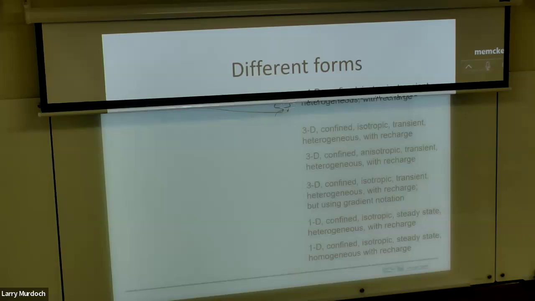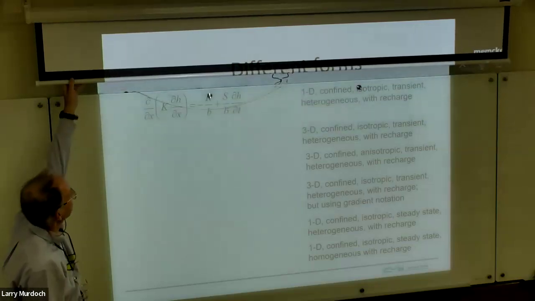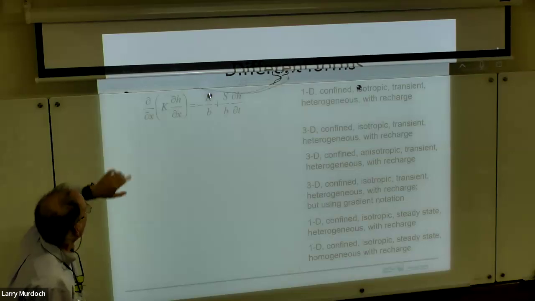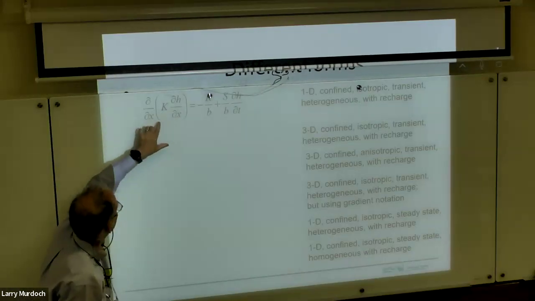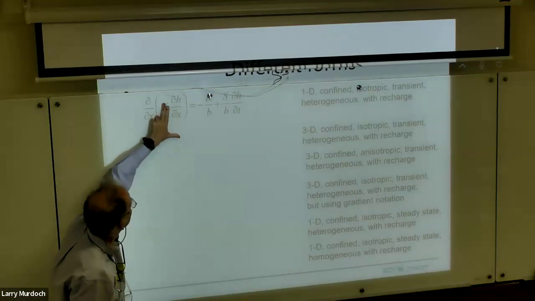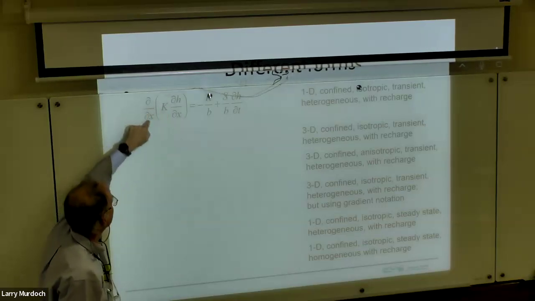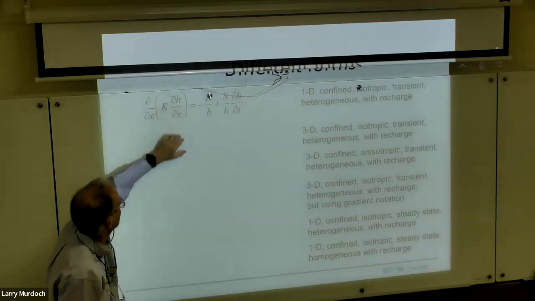Okay, so we found this is what we came up with when we did it. On this side, we've got a derivative. That's the first derivative of a hydraulic head, hydraulic conductivity, and this says take the derivative of that.